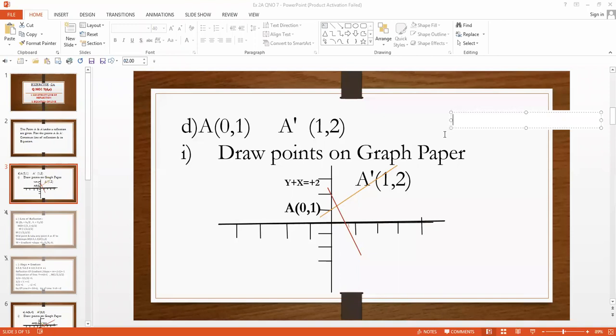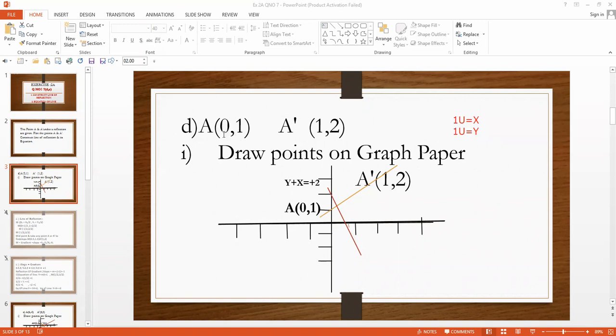So we take 1 unit for the x-axis. Similarly, 1 unit for the y-axis. Clear? So according to this scale, I have to plot these 2 points.